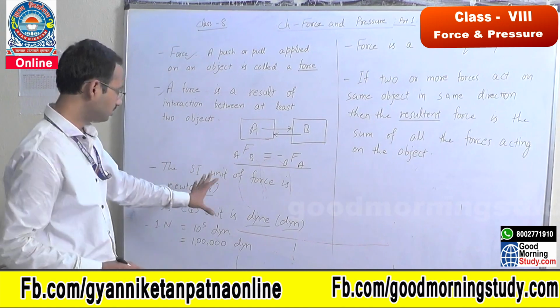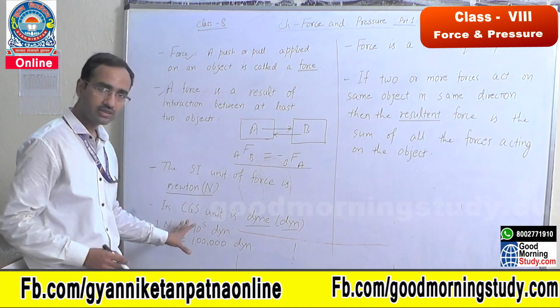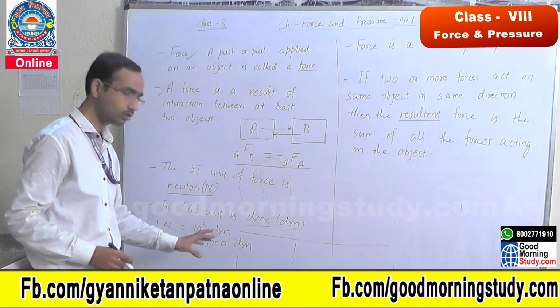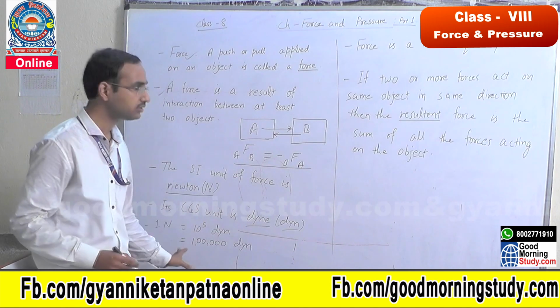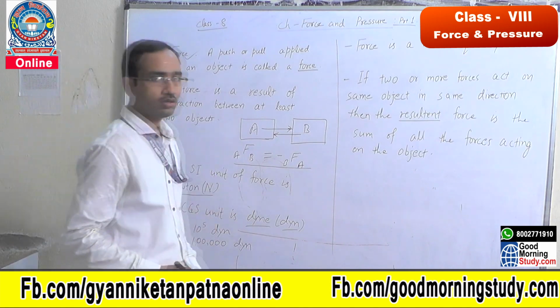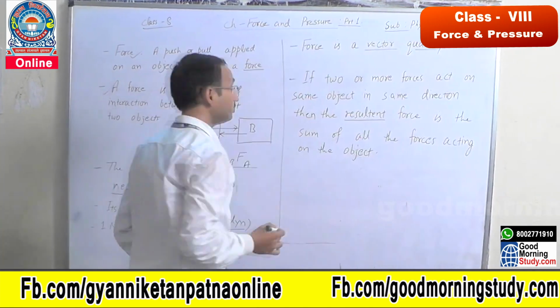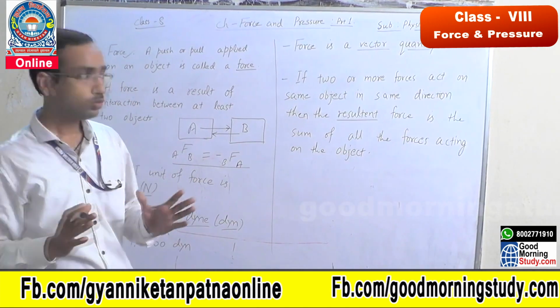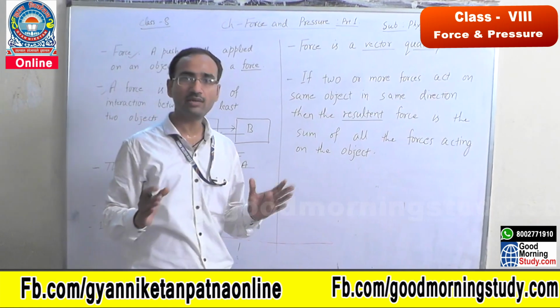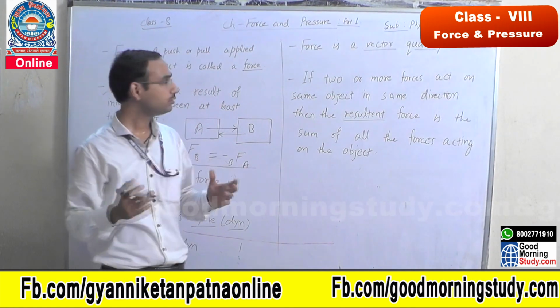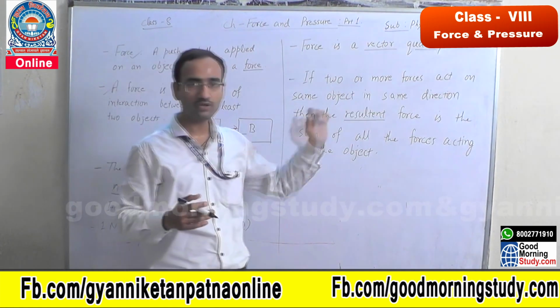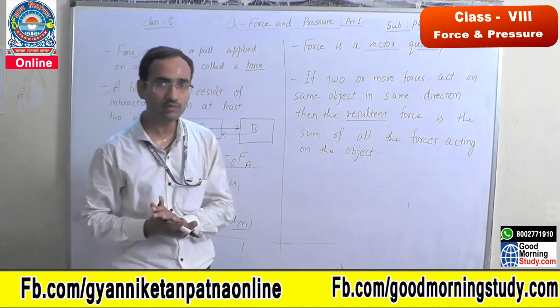So students, you have understood these two units of force and seen their relation also. Now, force is a vector quantity. Let us know what that means. Students, in physics we have to study different types of physical quantities. What are physical quantities?